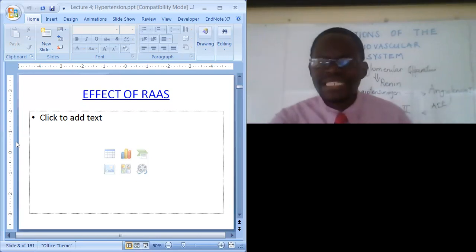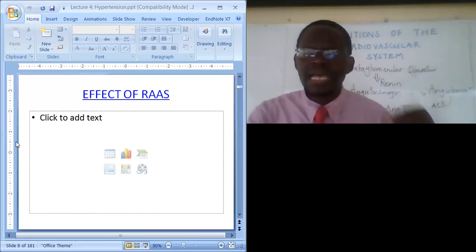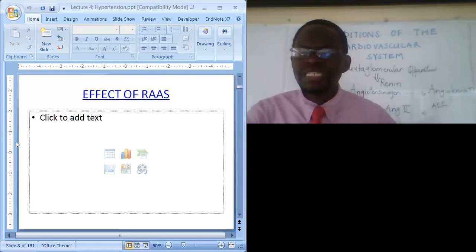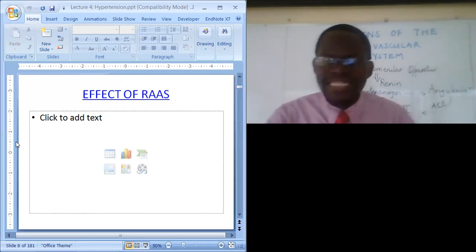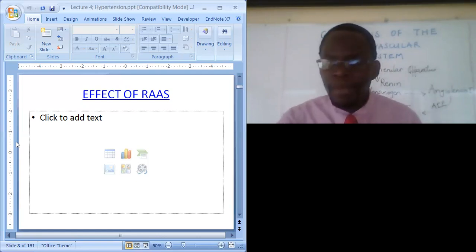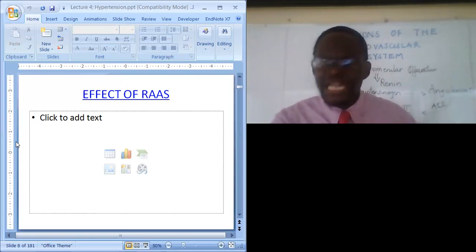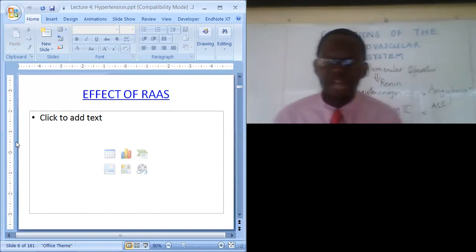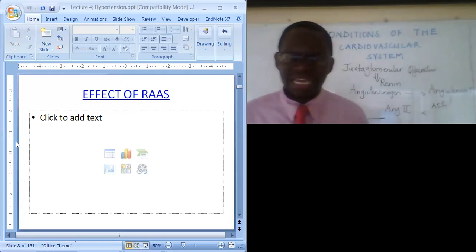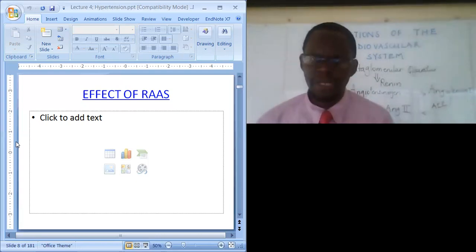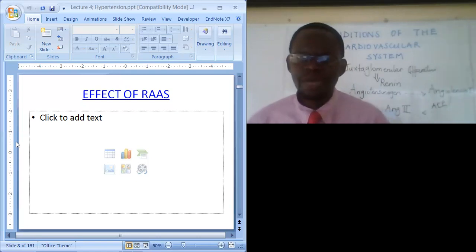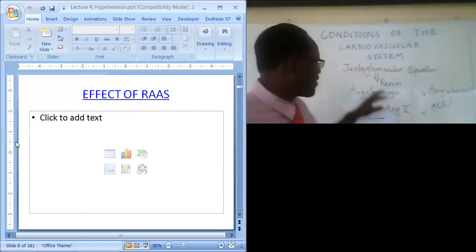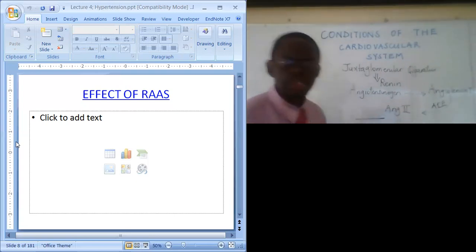Aldosterone works in the nephrons to cause absorption of sodium and in turn water, which also brings about an increase in blood pressure. That is how the renin-angiotensin-aldosterone system works. In other words, it helps to raise the blood pressure by the mechanisms we have talked about.